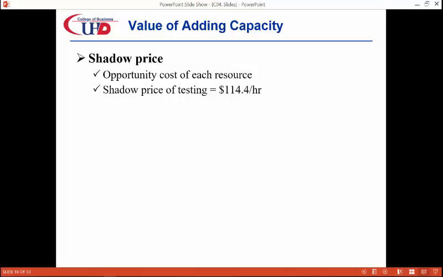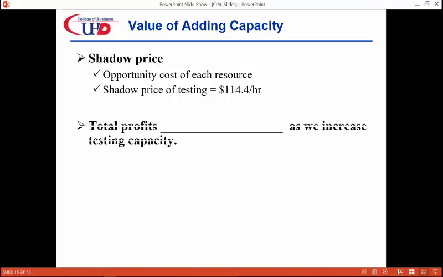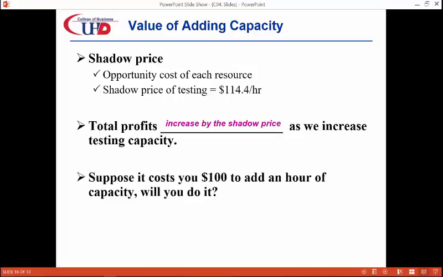So the conclusion for increasing the testing capacity is the total profit will increase with the testing capacity by the shadow price. Now, currently our shadow price is $114.40. So if it costs $100 to add 1 hour of capacity in testing, what is your decision?